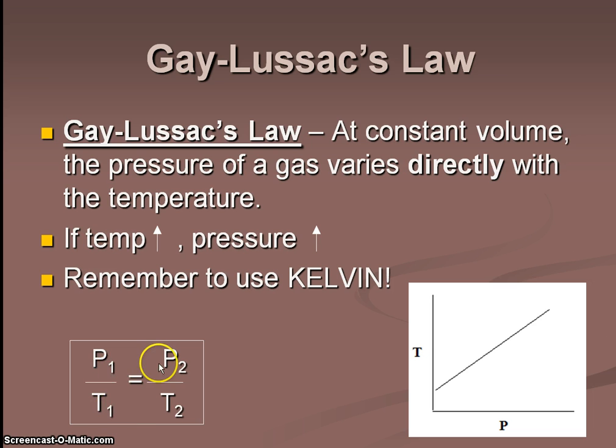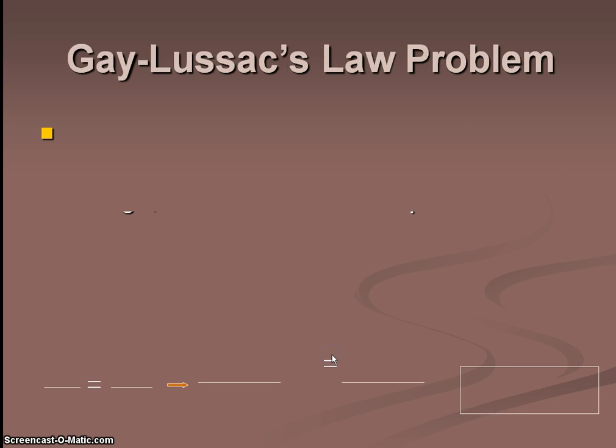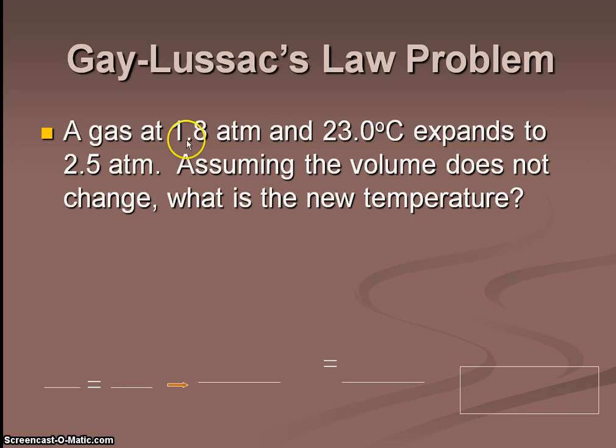So P1 over T1 equals P2 over T2. Same thing as before, we're going to label everything, and then you just have to plug it in and solve for the variables. So we've got 1.8 atm, that's your initial pressure, so on top of that put a P1. And I see degrees Celsius, so as soon as you see that, I would cross it off, add 273, and you should get 296 Kelvin, that's your T1.